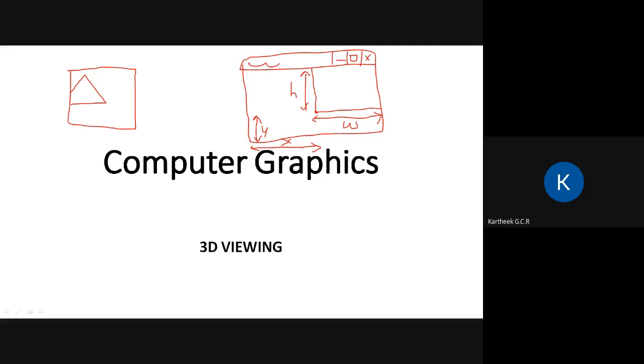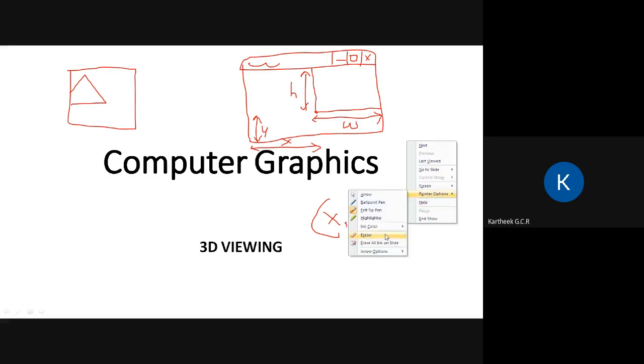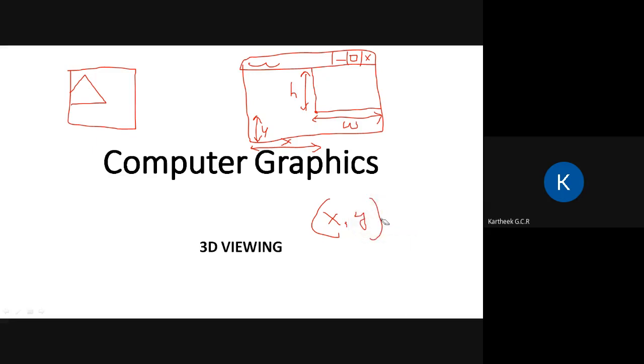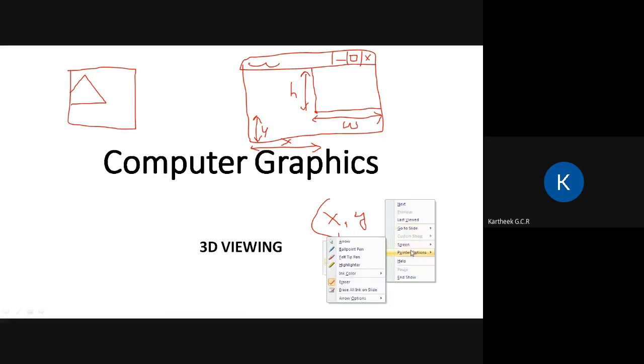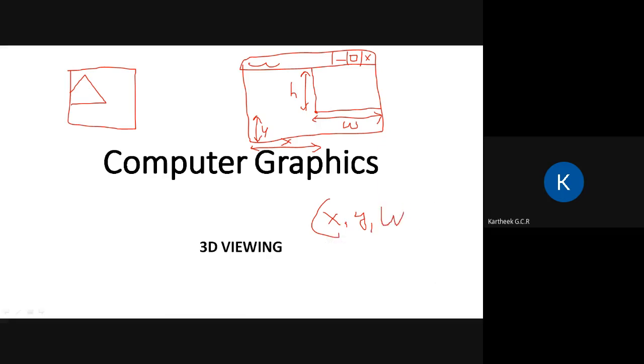So you pass X comma Y, the left bottom corner of the viewport with respect to the display window left bottom corner, and then width and height. Once you define a viewport, your window after clipping will be mapped to the viewport.